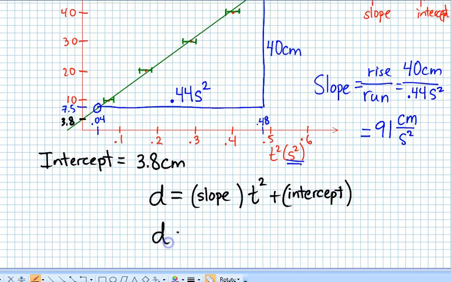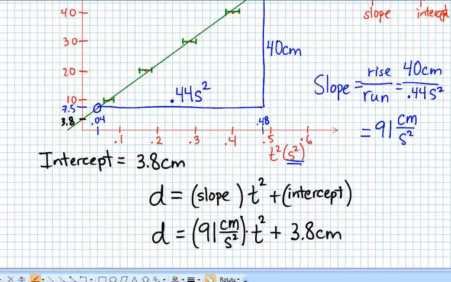Okay, so we plug this in. The slope, as we said, is 91 centimeters per second squared times t squared. And the intercept is 3.8 centimeters.